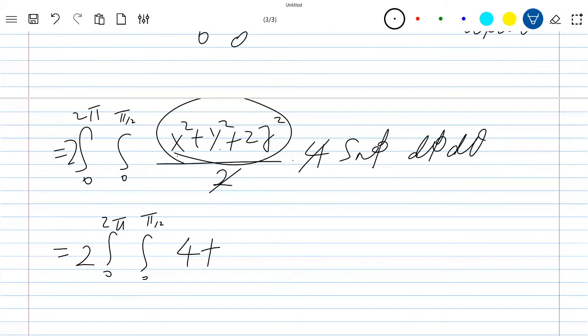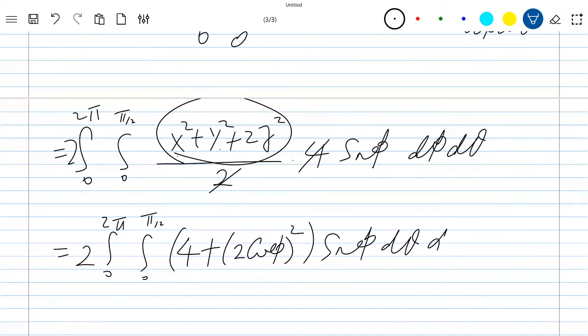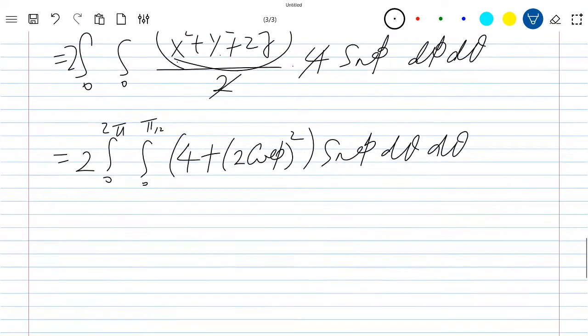z squared equals r times cosine phi, squared, right? Then you times sine phi d phi. Okay, that's pretty good. Then you can see this theta can be done by itself, so just 2 pi.